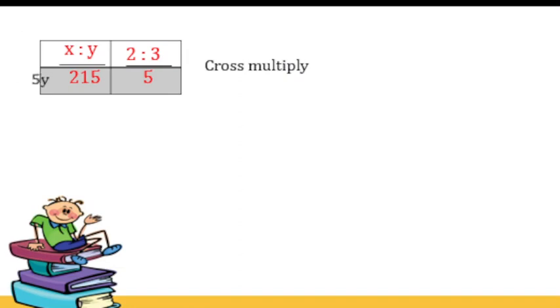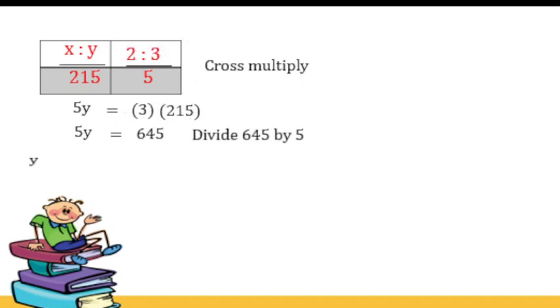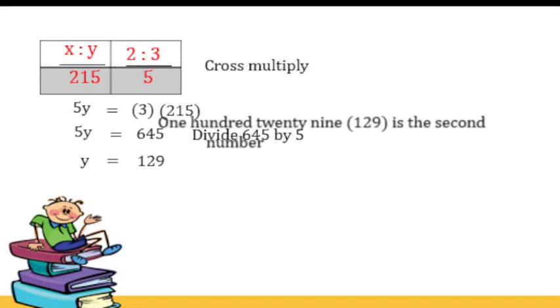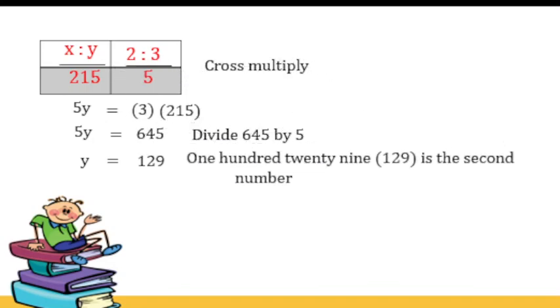And cross multiply, so that will become 5y is equal to 3 times 215, and 215 times 3 is equal to 645, and then divide 645 by 5. The result is equal to 129. So therefore, the second number or the larger number is equal to 129.